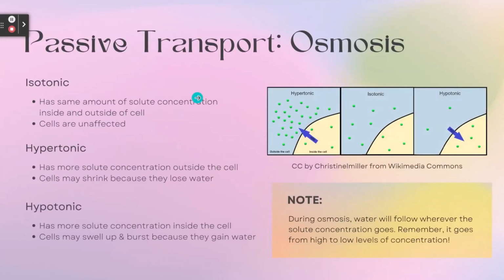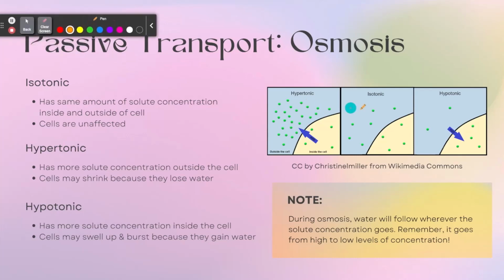So in terms of osmosis, there are three types. When a solution is isotonic, that means it has the same amount of solute concentration both inside and outside the cell. So isotonic is right here in this image. If a solution is hypertonic, that means it has more solute concentration outside of the cell.